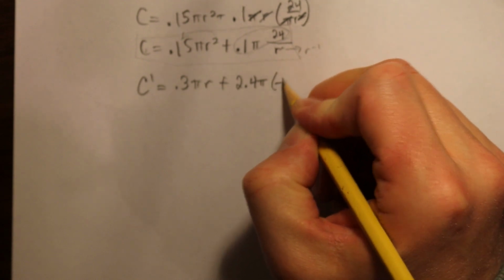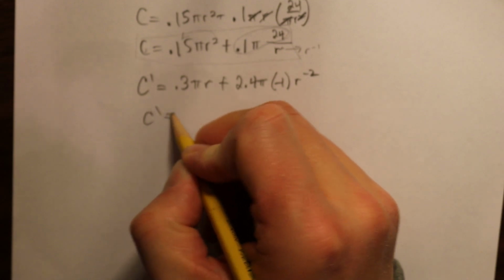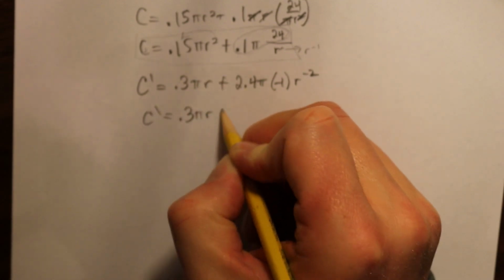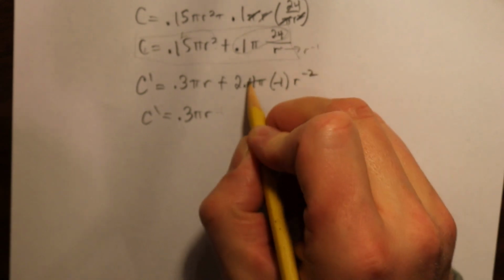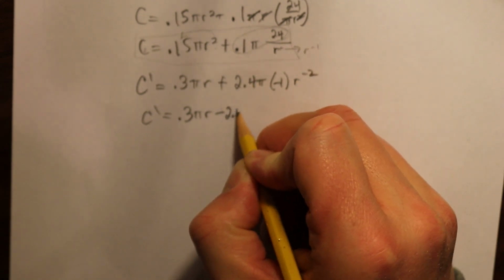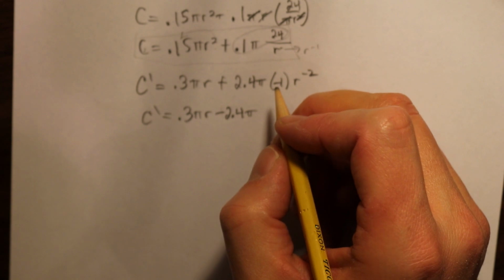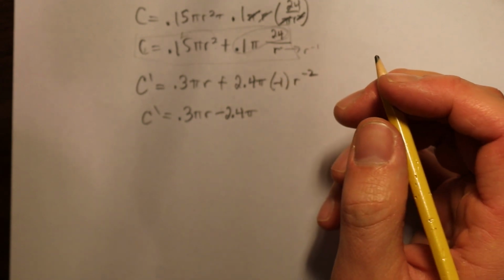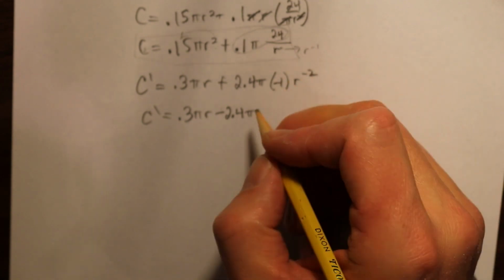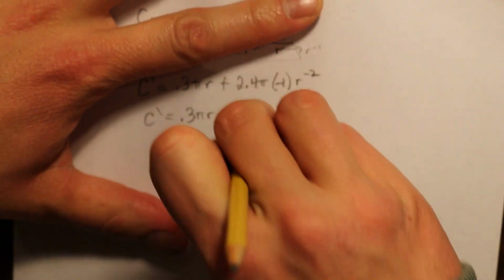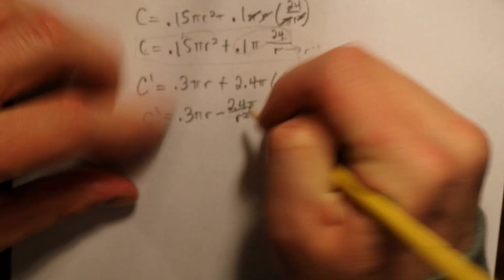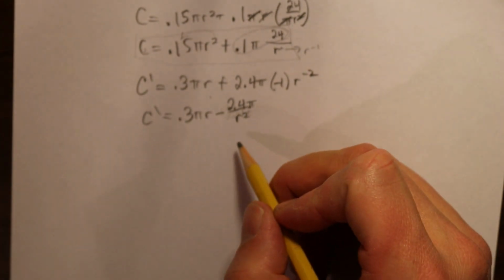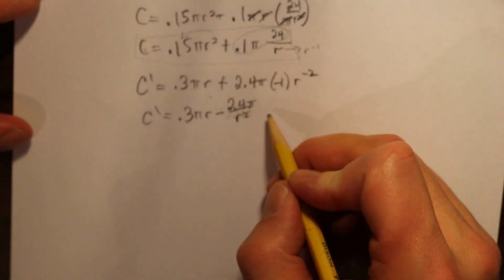So that would make me bring down the -1 and drop this to an r to the -2. I've got a -1 times a 2.4. That gives me -2.4 pi over r squared, I guess you'd say. I'll do it this way. Put the 2.4 pi on top, the r squared on the bottom. I've got the cost derivative, because cost is what I'm trying to optimize.